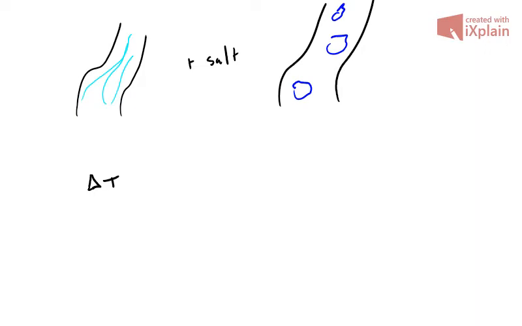So change in their points. We'll do change in freezing point or boiling point is equal to I, which is our Van't Hoff factor of the salt.